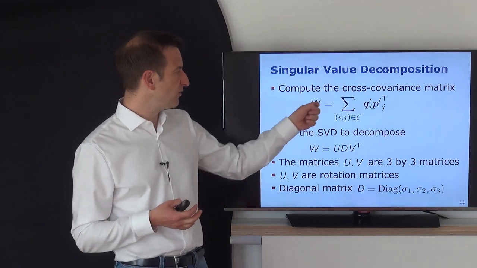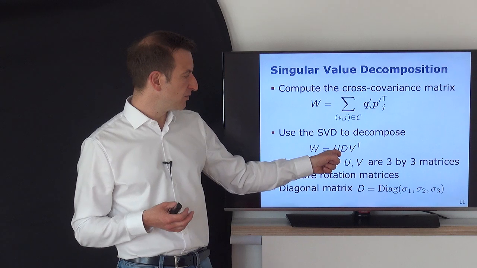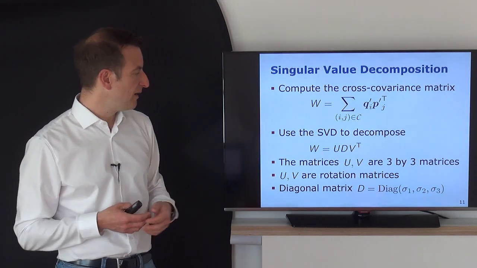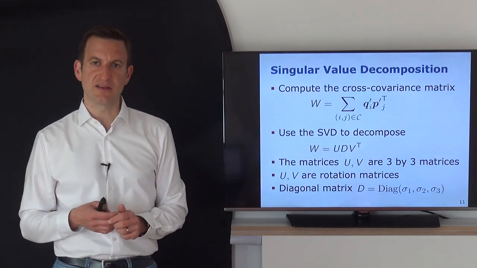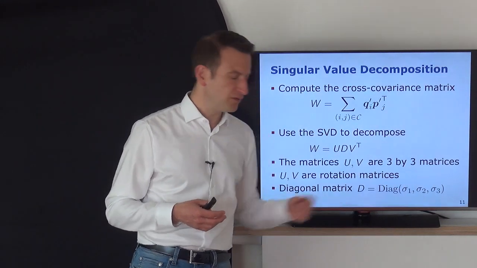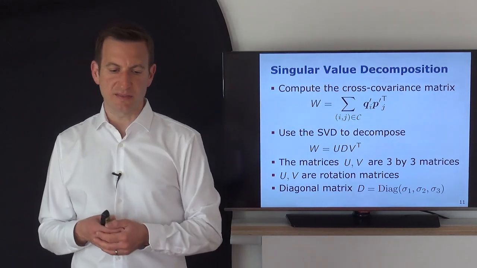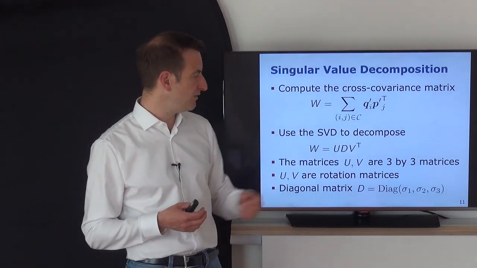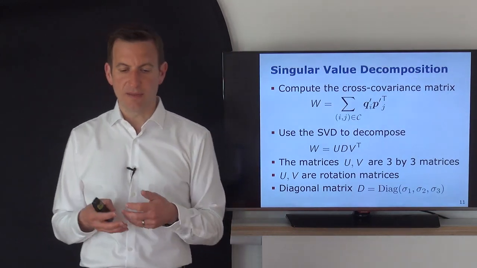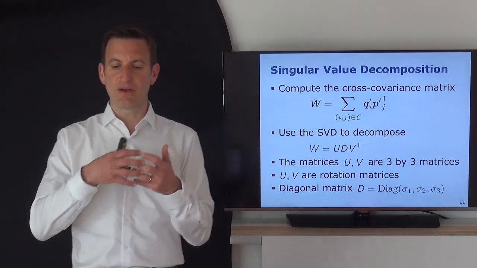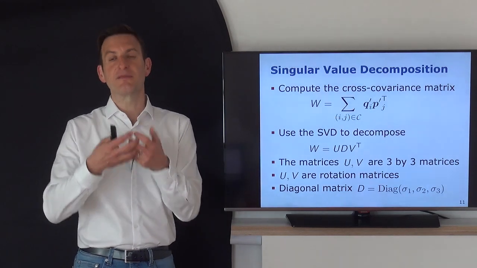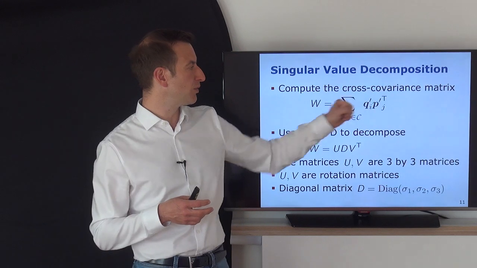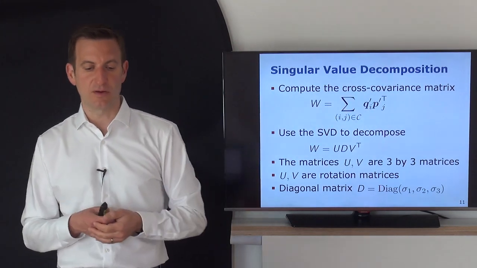So the SVD takes this matrix W and turns this into matrices U, D, and V, and the matrix D is a diagonal matrix containing the singular values, but I'm not really interested in that matrix here for our problem. I'm actually interested in the matrices U and V, because U and V are rotation matrices and will allow us to determine the offset of the rotation that is defined by those quantities, so Q prime and P prime, and is encoded in this.